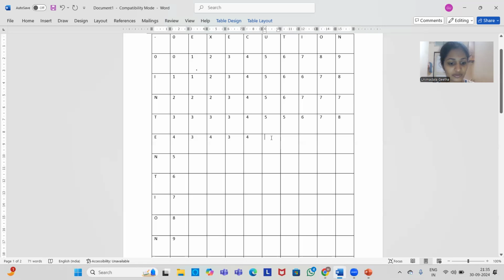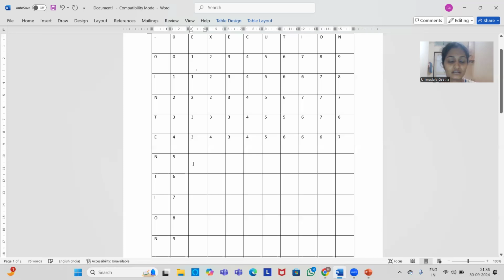E and U, the number will be 5. E and T, the number will be 6. E and I, the number will be 6. E and O, the number will be 6. E and N, the number will be 7.